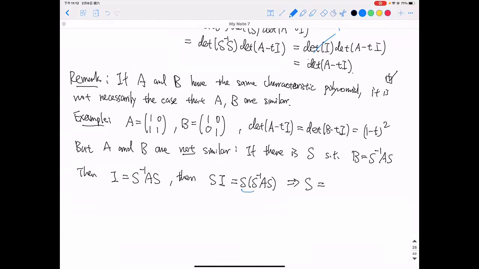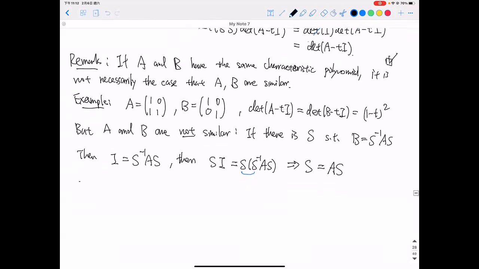Now the right-hand side: you can multiply these two first. That's S inverse S, which is I. So you're left with AS. Okay. Now multiply by S inverse from the right.